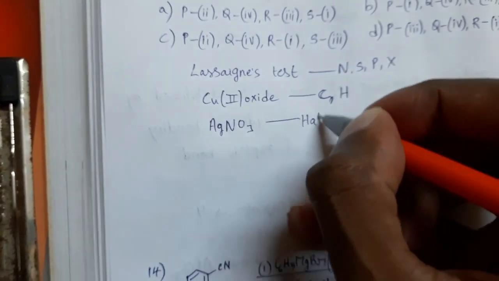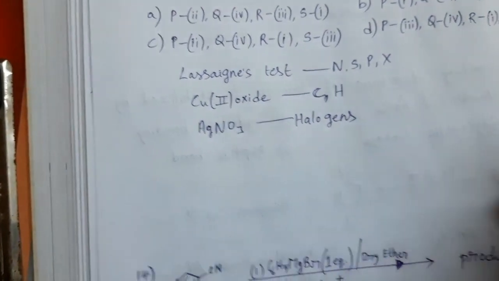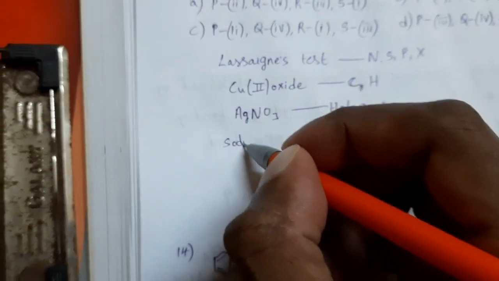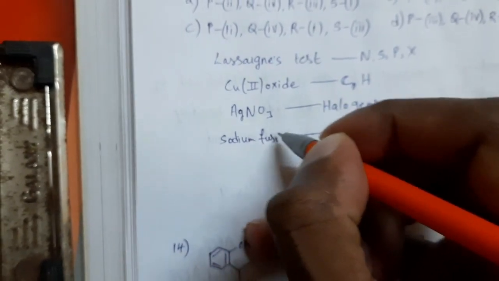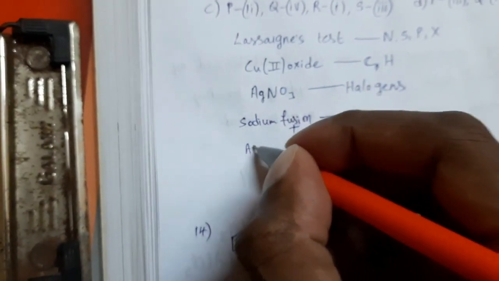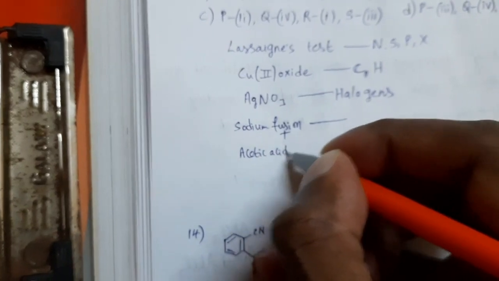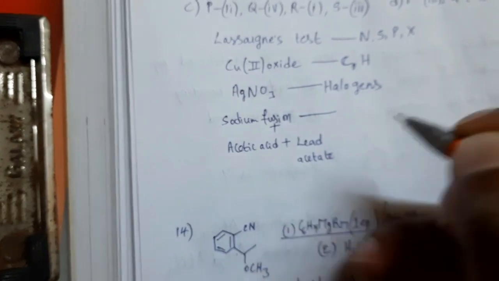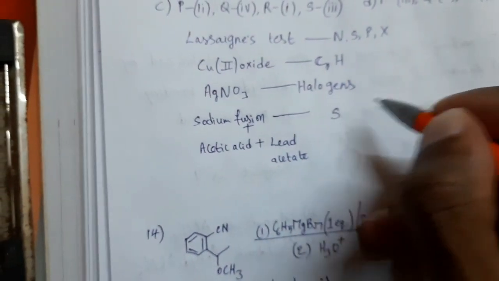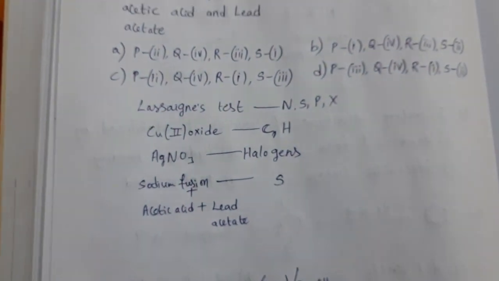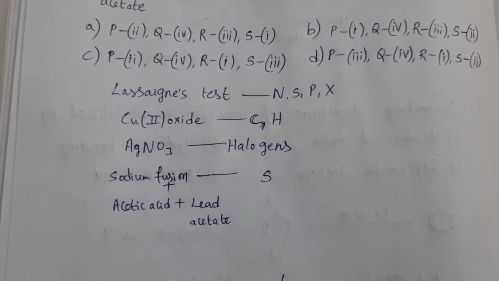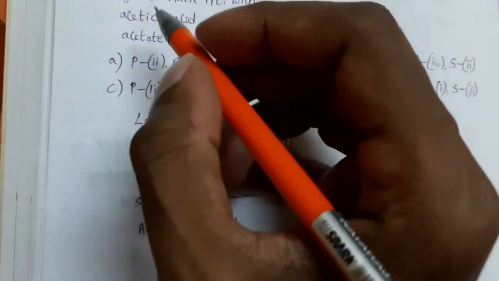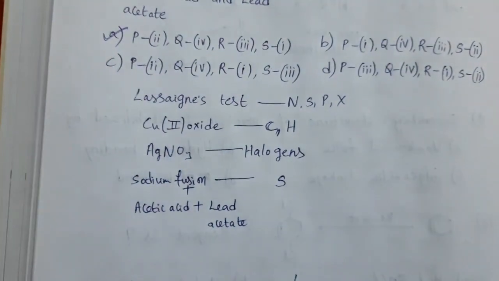AgNO3 is used for the detection of halogens, and the last one is sodium fusion extract plus acetic acid plus lead acetate. This is used for sulfur. So this one, Lassaigne's test, CuO, AgNO3, sodium fusion. Then what is the suitable option? Option A is the answer.